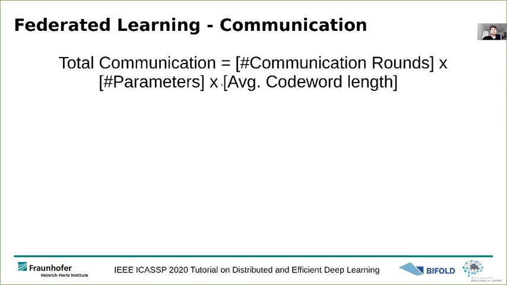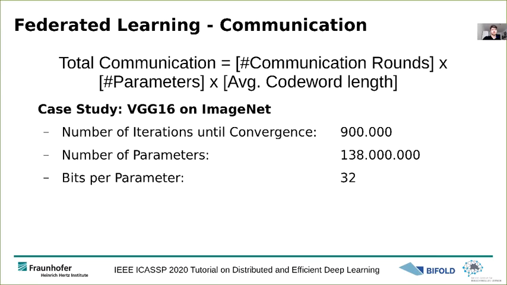And this we have to multiply with the average code word length that is used to represent every parameter of the neural network. And then this will give us the amount of communication in upload and in download over the course of a federated training episode.